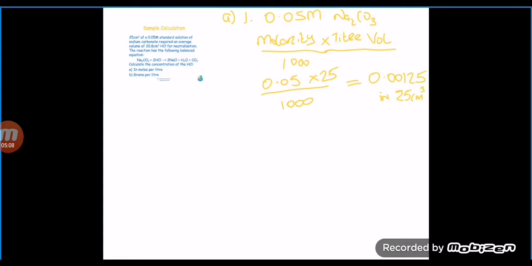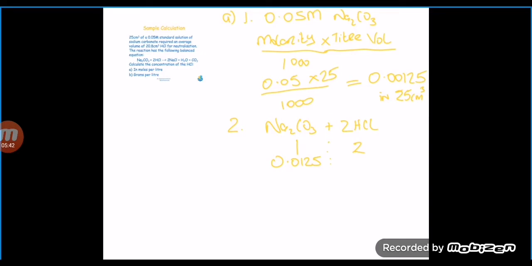In the next step, you look at your balanced equation. So I have Na2CO3 plus 2HCl. I can see that that is a 1:2 ratio. However, I don't have 1 mole of my sodium carbonate, I have 0.00125 moles. To figure out how much of the hydrochloric acid I have, I can see that for every 1 sodium carbonate there are 2 hydrogen chlorides, or hydrochloric acids.